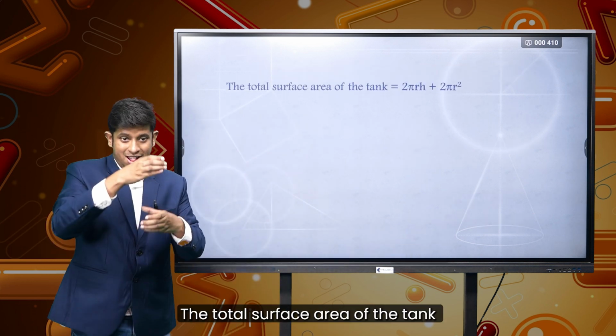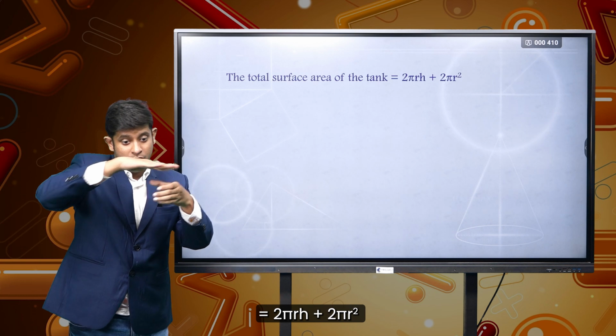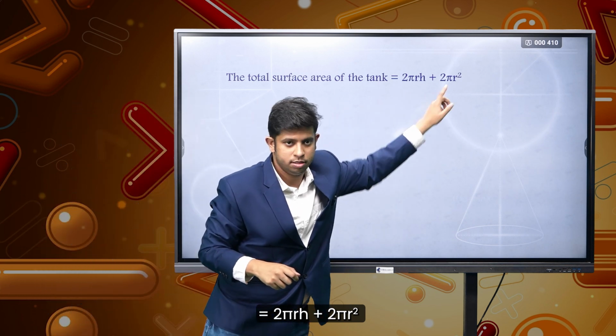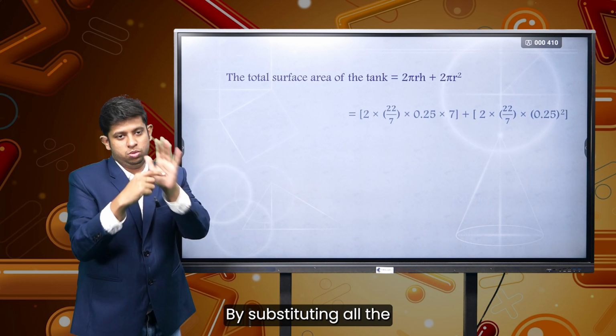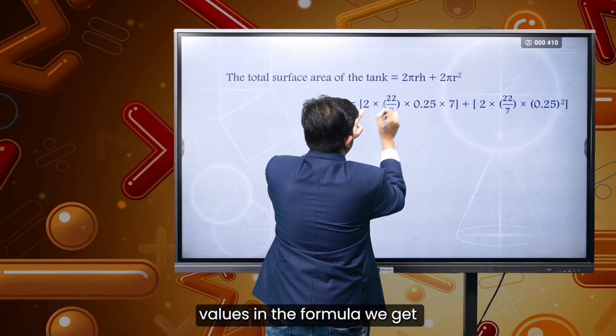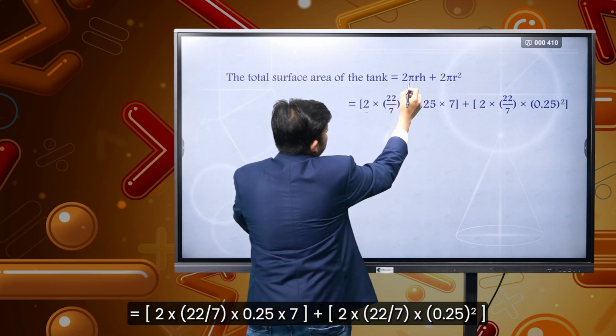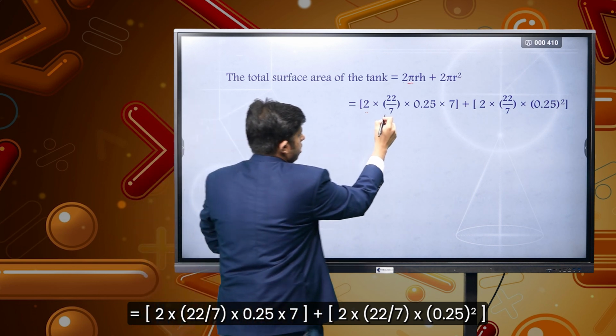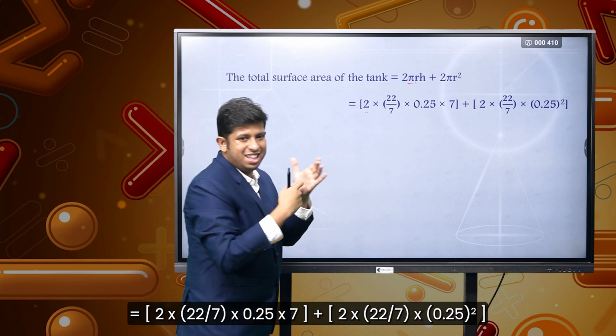The total surface area of the tank is equal to 2 pi r h plus 2 pi r square. By substituting all the values in the formula, we get 2 into 22 by 7 into 0.25 into 7 plus 2 into 22 by 7 into 0.25 square.